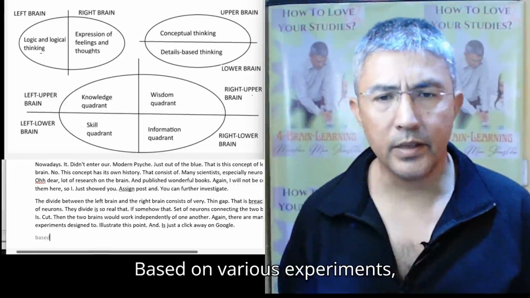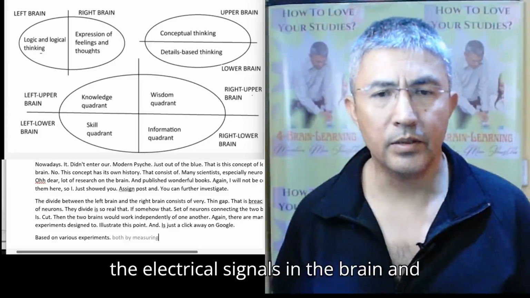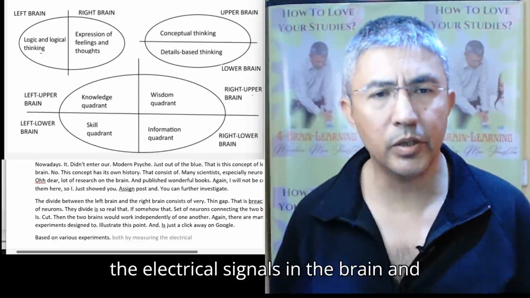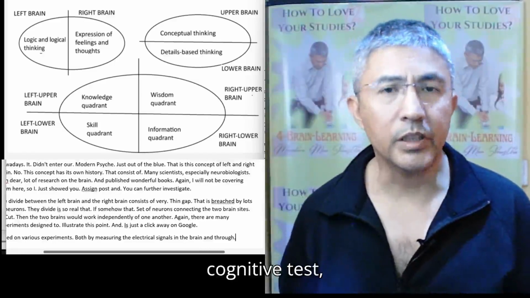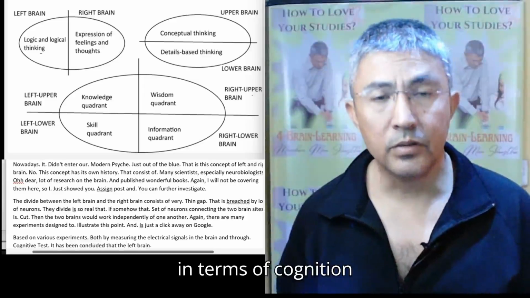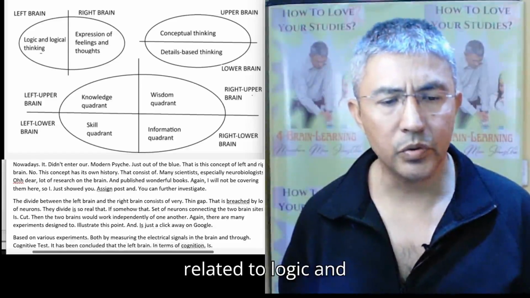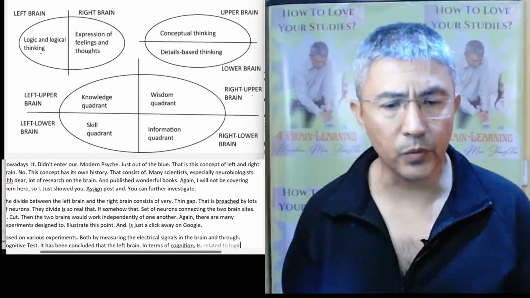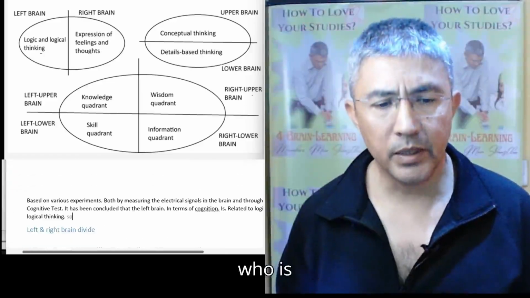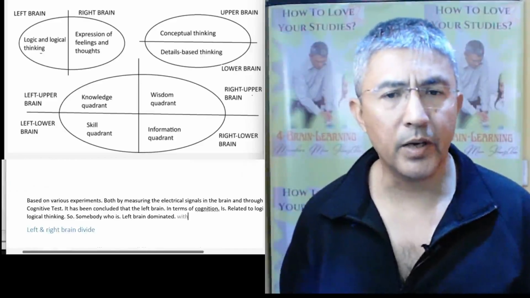Based on various experiments, both by measuring the electrical signals in the brain and through cognitive tests, it has been concluded that the left brain, in terms of cognition, is related to logic and logical thinking. So somebody who is left brain dominated will tend to be very rational.